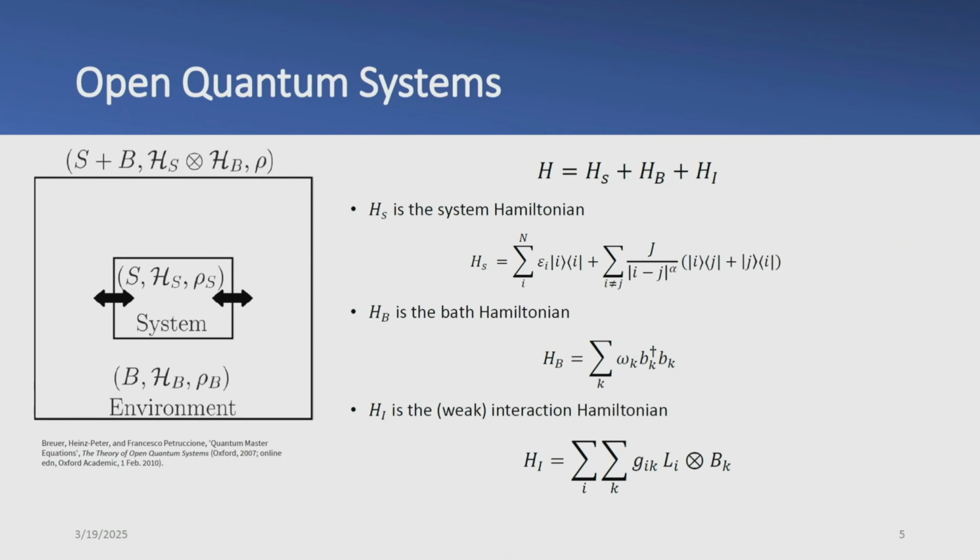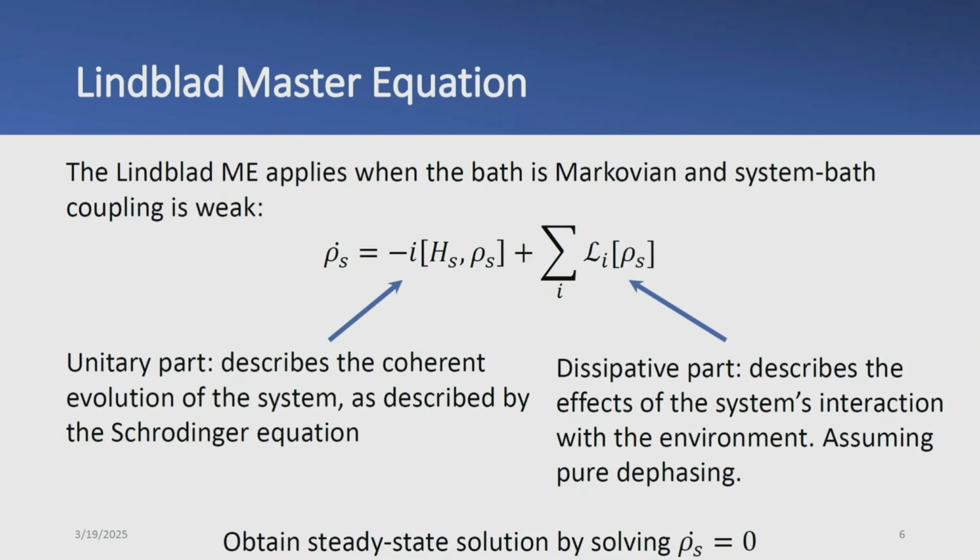Since the session is called Open Quantum Systems 3, I'm going to hope that everybody is familiar enough with open quantum systems that I can just speed through this. When I say open quantum system, I mean a system that is interacting with its environment. And this environment could, for example, be an infinite number of harmonic oscillators. I'm going to assume that the interaction between my system and its environment is weak so that I can use the Lindblad master equation. I'm also assuming that my environment is Markovian. As I'm sure many of us know, the Lindblad master equation can be split into 2 terms.